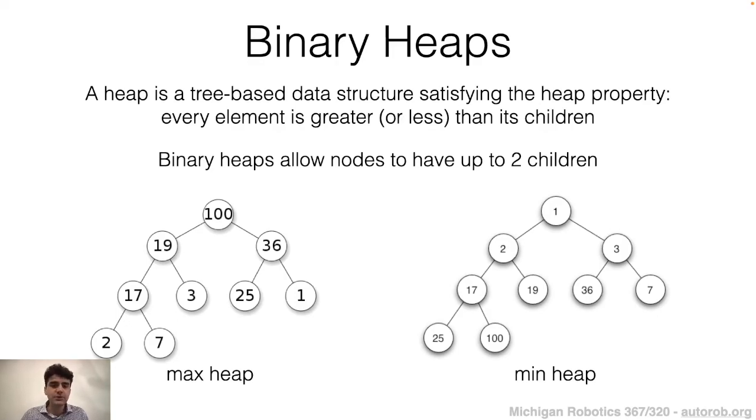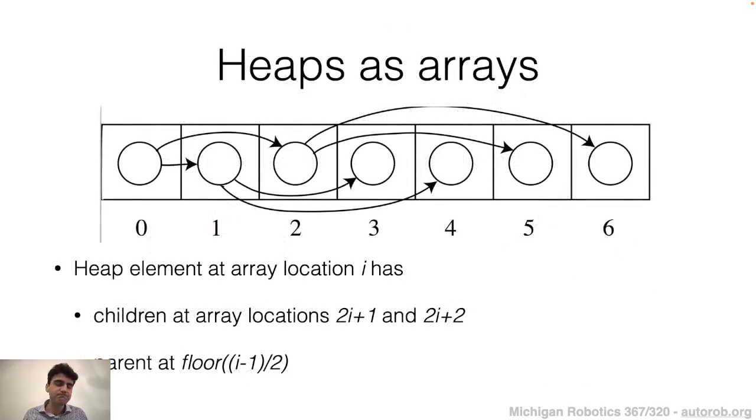Okay, so in terms of how to implement this in software and in JavaScript, one approach which I recommend you use for Project 1 is to implement the heap as an array. So on this slide, we're illustrating graphically how the tree structure can be flattened into an array, which you could implement as a JavaScript array.